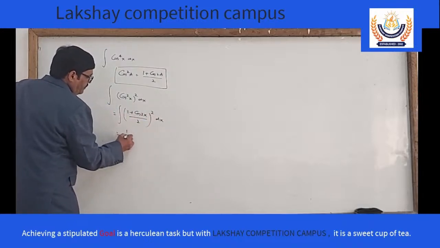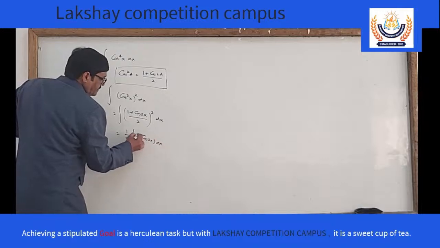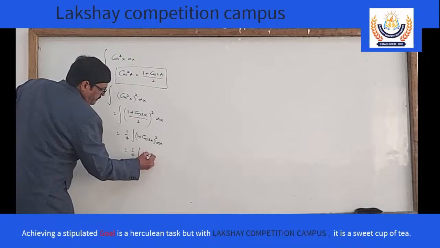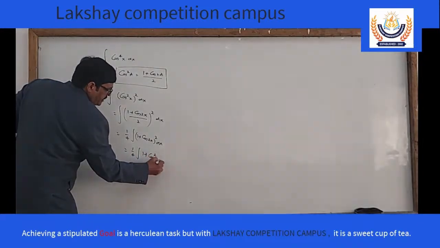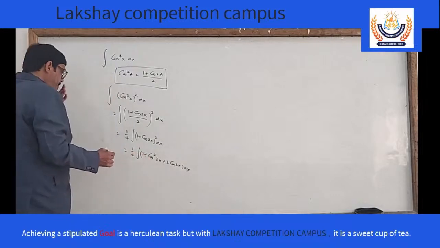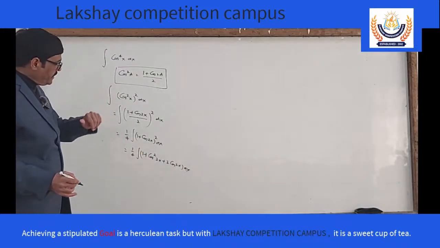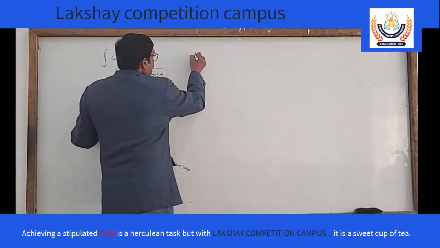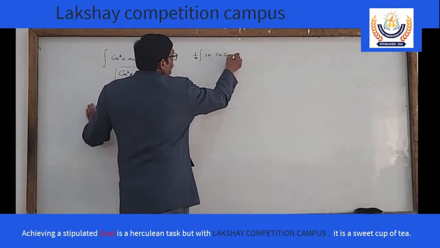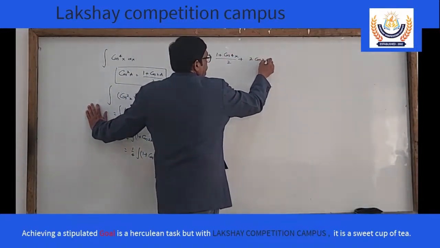So what we have is 1 by 4, the integral of (1 plus cos 2x) square dx, using the formula a square plus b square plus 2ab. Again you see there is a power on cos, that is cos square 2x. Convert it. 1 by 4, 1 plus, again you apply the same formula, 1 plus cos 4x by 2, plus 2 cos 2x.